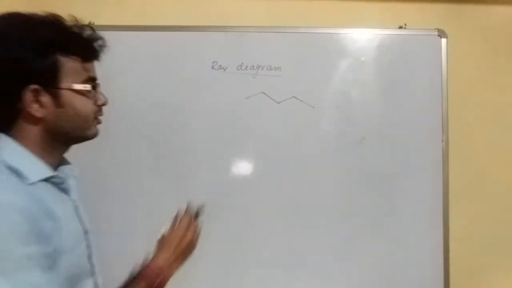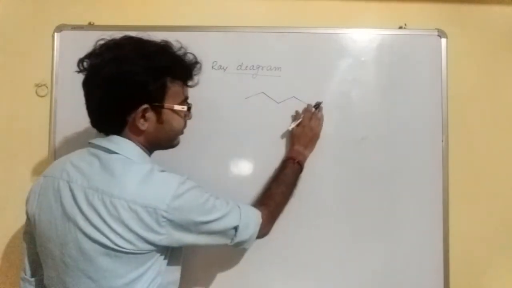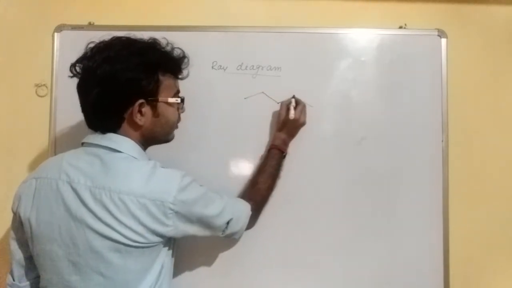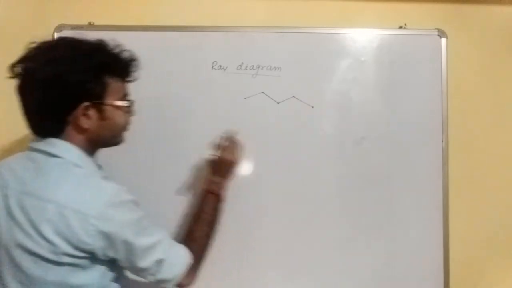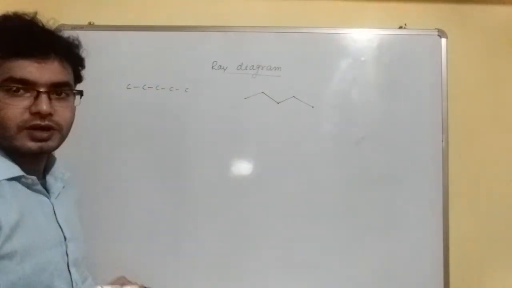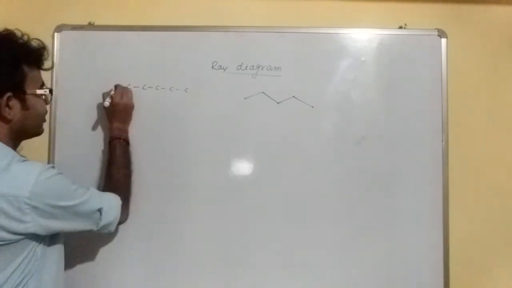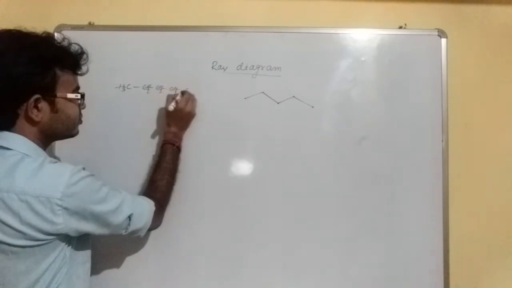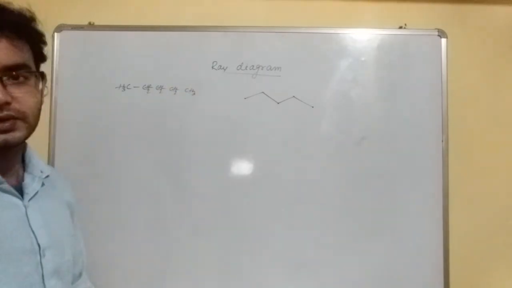You have to write the structural formula here. Just check 1, 2, 3, 4, 5. 5 carbons are connected by single bonds. Now fill with hydrogen: CH3, CH2, CH2, CH2, CH3. Clear?